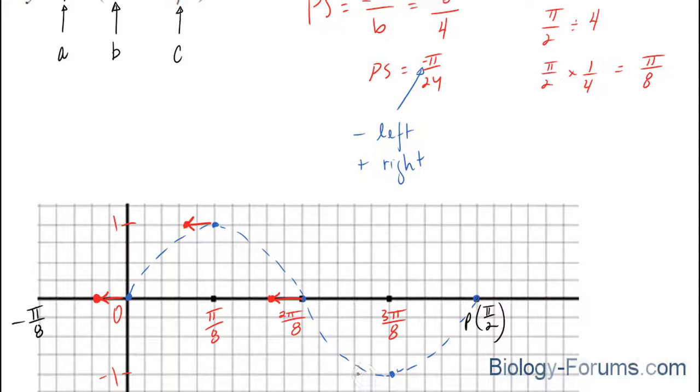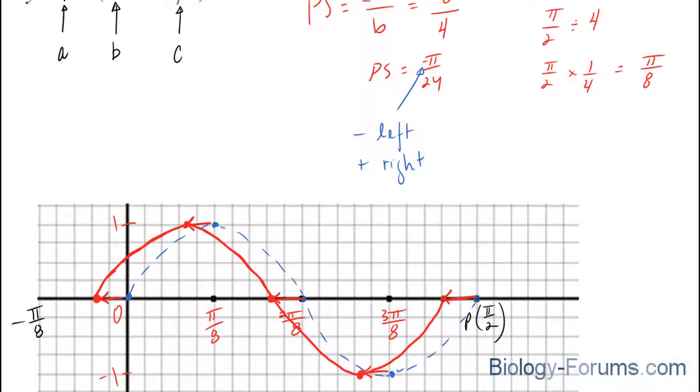This point will move somewhere here. And this point will move somewhere here. Now we're moving to the left because that number is negative. So I'll connect these together with a solid line this time to signify my final wave. I'll try my best to connect this one here and this one right here.